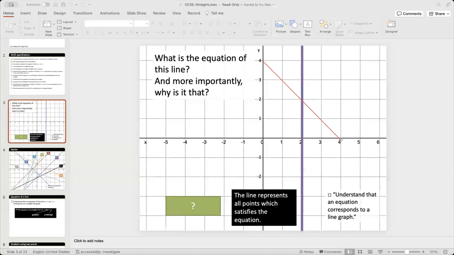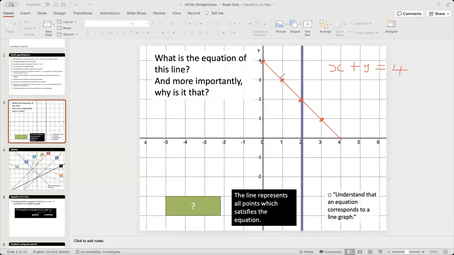At this point, you can see those points there. That tells you that at this point, the value is going to be x plus y equals 4. So the line is x plus y equals 4.